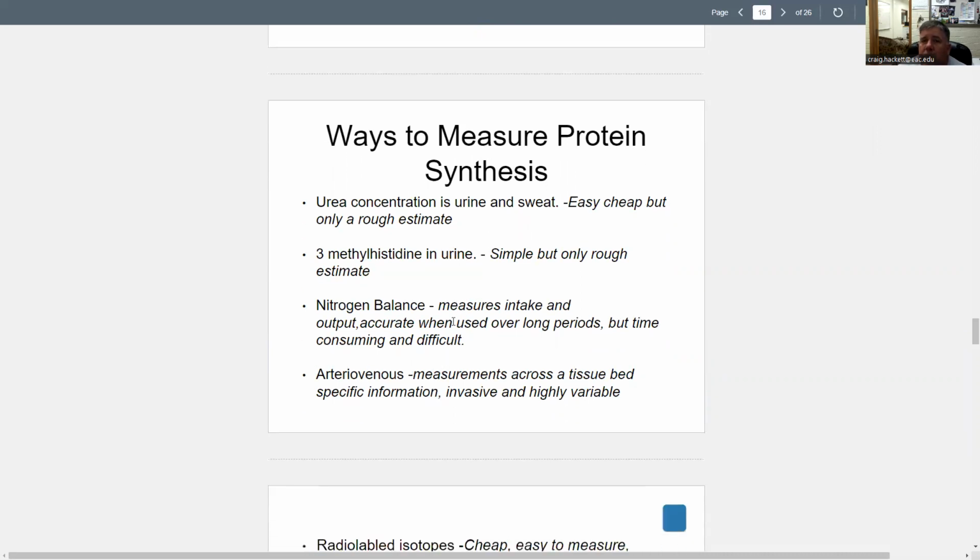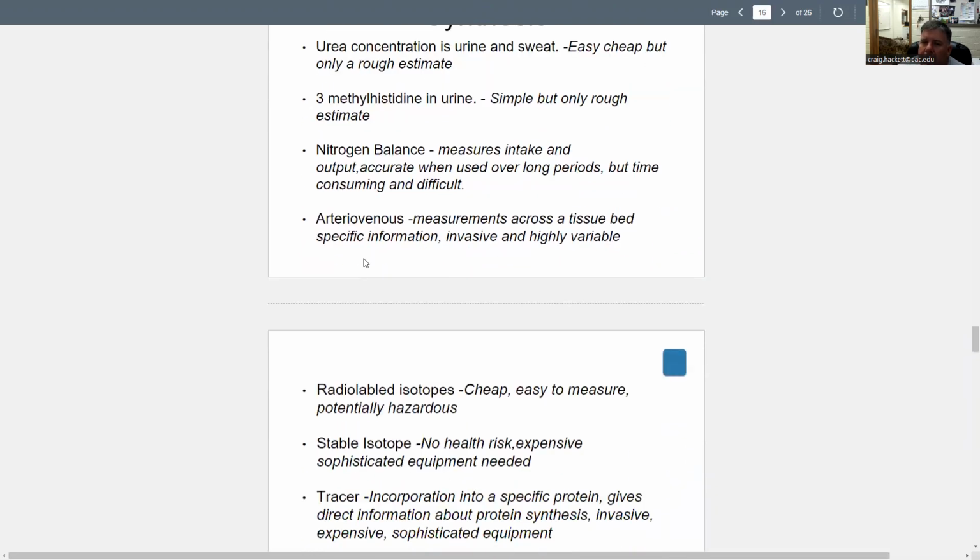We can also just measure obviously what we intake and estimate protein value of the food we eat, and then we can count the protein excess that we've urinated out. This is a little harder to do because you have to be pretty consistent with it, but you can. We can do very invasive ones where we can actually look at what proteins cross the artery to vein through the capillary system.